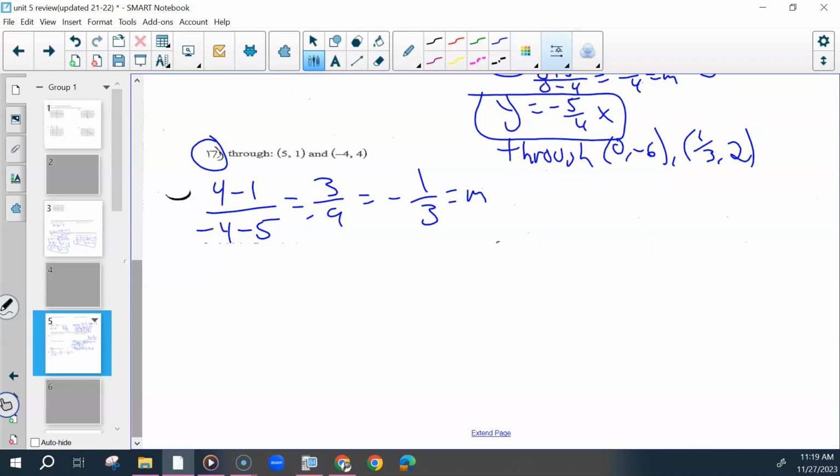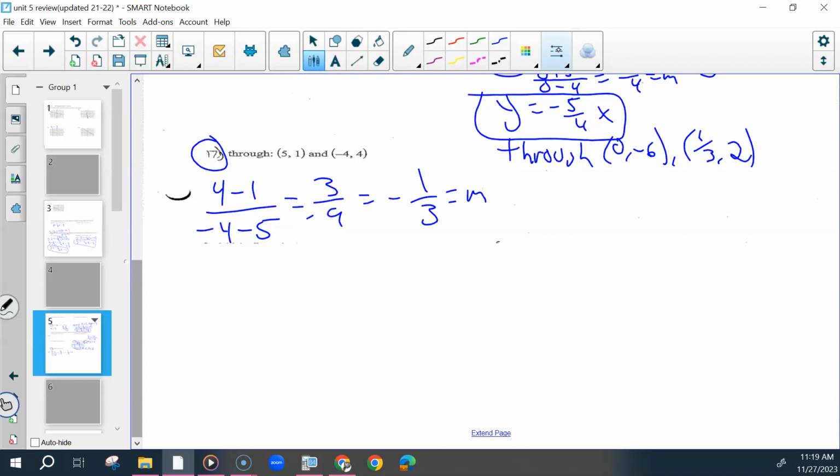Now we need to take one of these points and use our point slope. Which one do we want to use? I don't know what that is, but someone is playing music loudly. 5, 1 or negative 4, 4. Which point do we want to use? Y1. 5, 1.